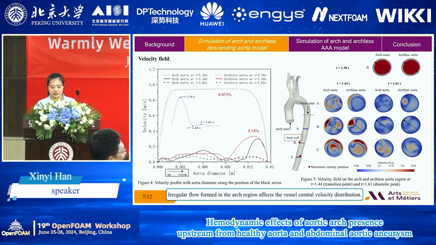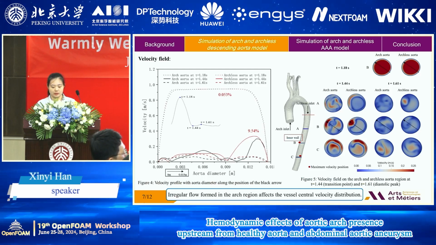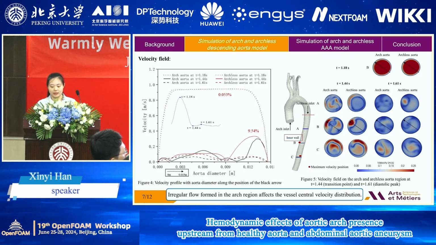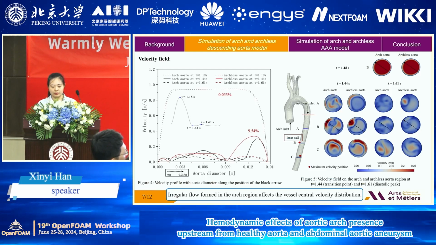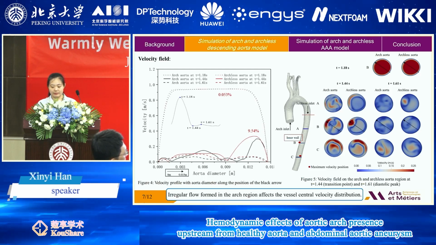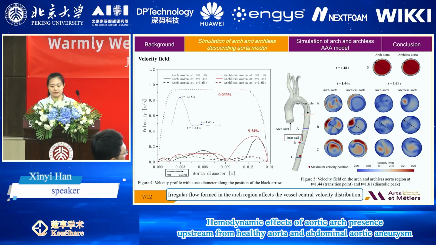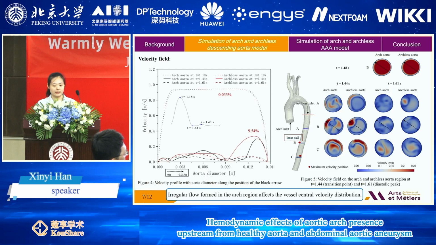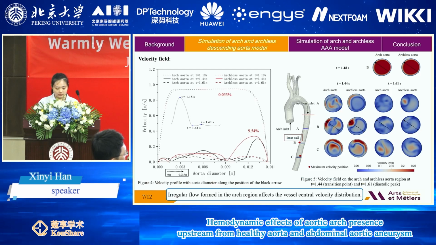The difference of both models occurs at the center of the vessel because of the arch curvature. The irregular flow generated from the arch deviated the flow direction and increased the irregular flow at the center of the descending aorta domain.